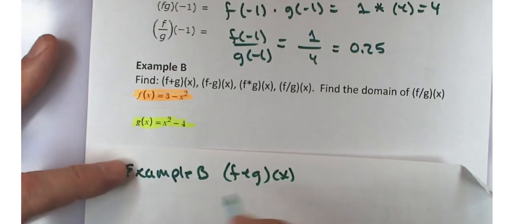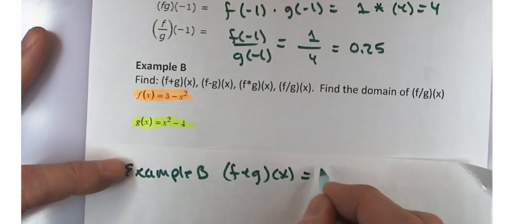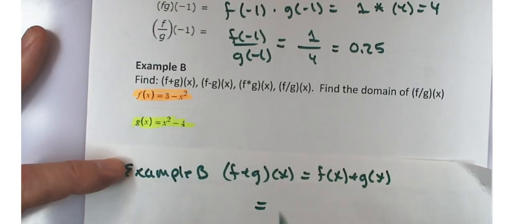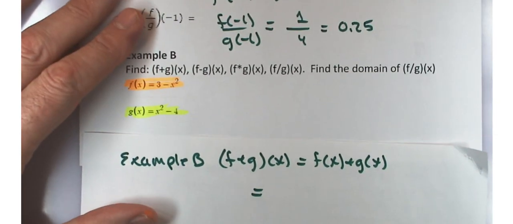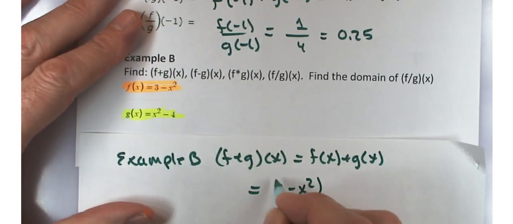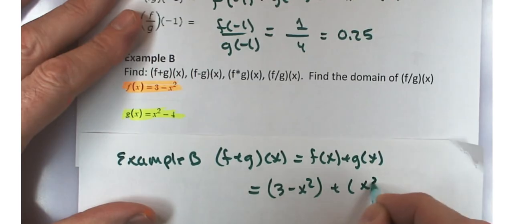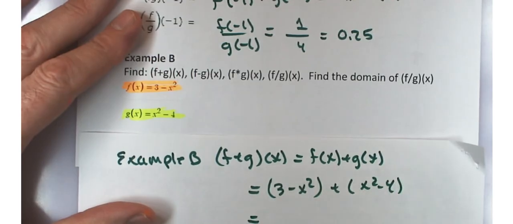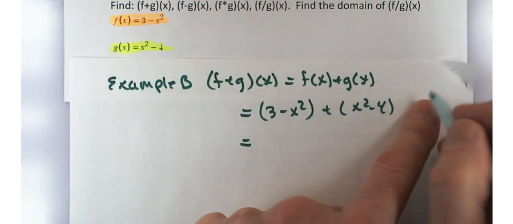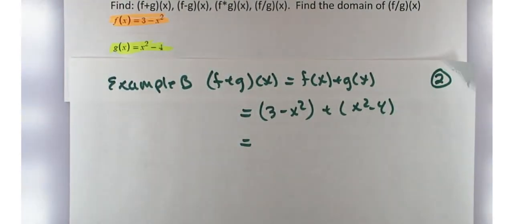Well, it's really the same thing as f of x plus g of x. F of x plus g of x, well, it's going to be 3 minus x squared plus x squared minus 4. Can anyone simplify that for me? How does that end up? What do we get there?